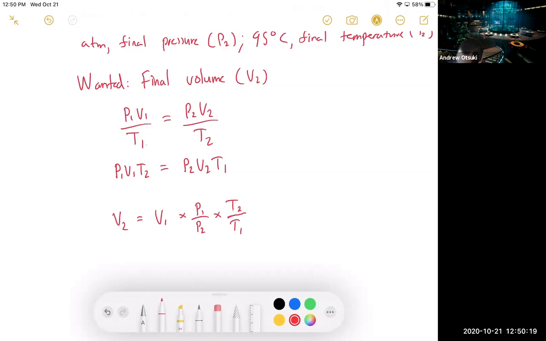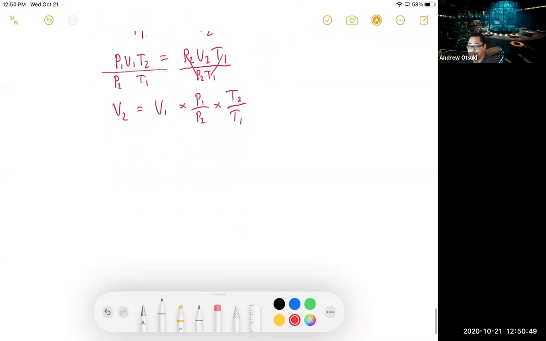Okay, so we came to this new equation by dividing both sides by P2 over T1. So this cancels, and we get P2 over T1 here, like so. I just rearranged it like that to make sure everything is clear to see.